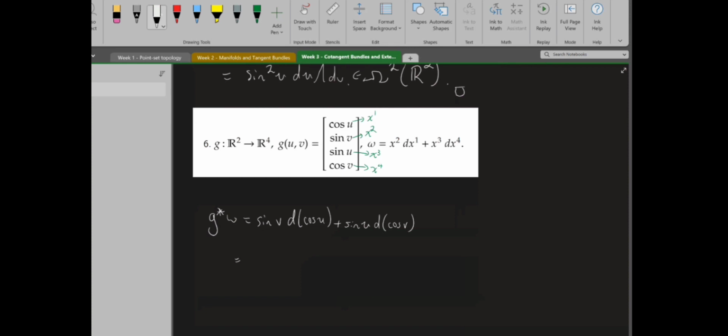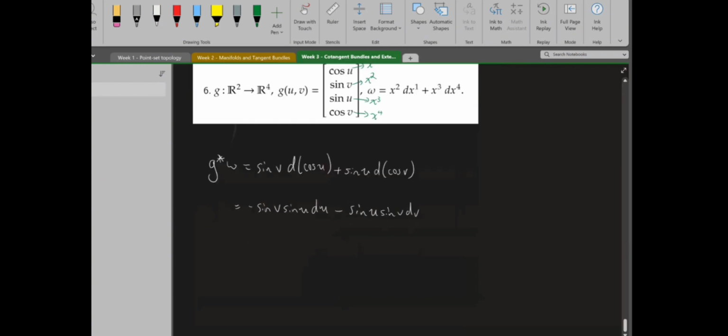This should be pretty easy, actually. So this gives negative sine v sine u du, then you finally have minus sine u sine v dv. What I can do if I want is to write negative sine u sine v times du plus dv, but that's as simple as I can get.